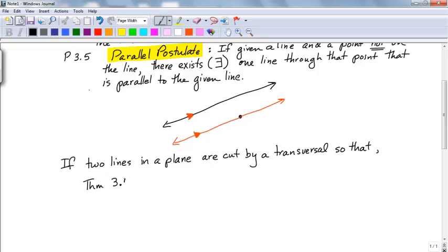Theorem 3.5 is called the alternate exterior angles converse.